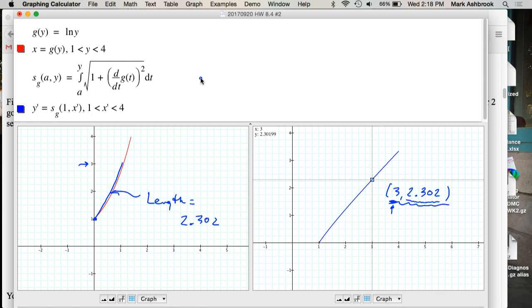Does it make sense? Question, yeah? Oh, okay, great. Yeah, 2.302 is the amount of arc length that has generated from y equals 1 to y equals 3. But then I put the y equals 1 to y equals 3 over here. So this is our y coordinate, but put on the horizontal axis.